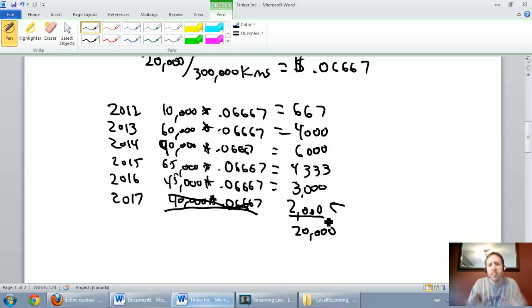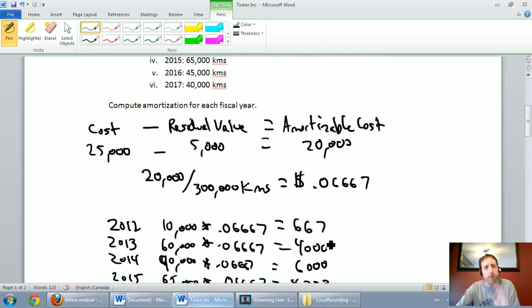Now, as I said, it's a little bit of an imperfect science because in reality we often end up changing our estimates towards the end, and changing estimates is a whole nother kettle of fish. But assuming that we want to keep a $5,000 residual value, that means over that 5-year period we must amortize exactly $20,000 from our asset.